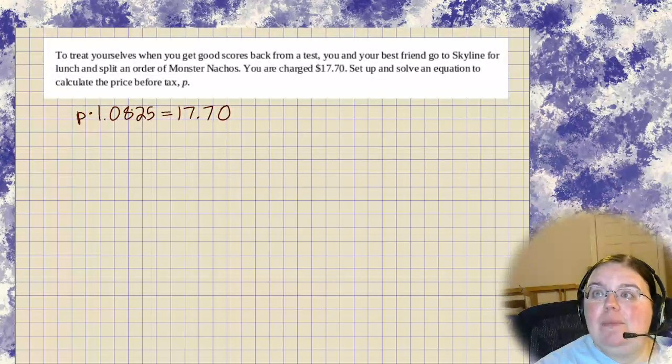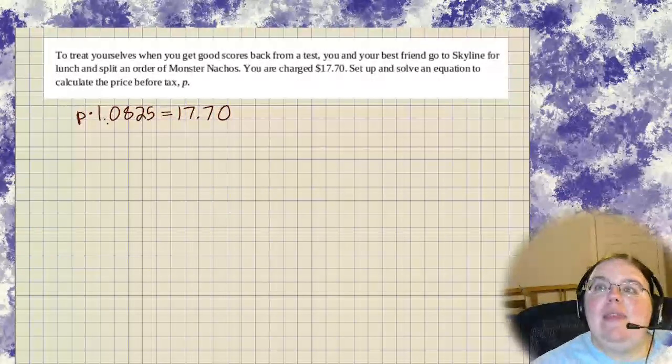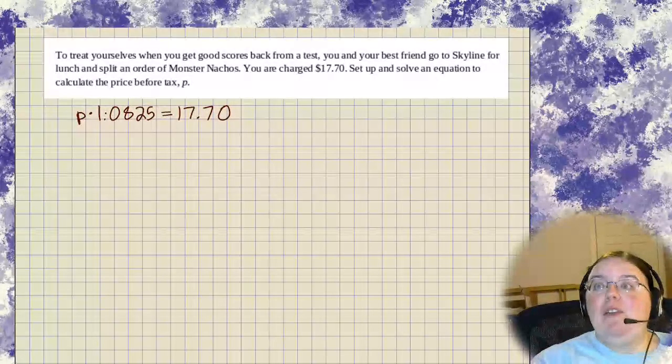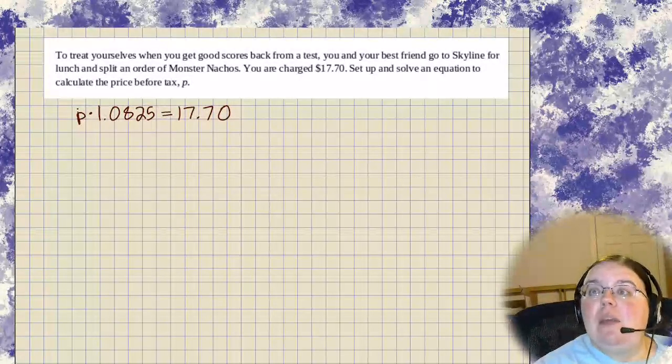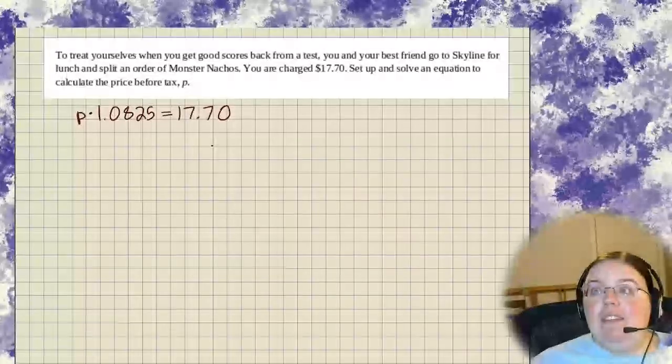So that's like 100% plus 8.25%, so that's like 108.25%, and then adjusted from percent to an ordinary decimal so it can multiply correctly. So that price times 1.0825 works out to $17.70.